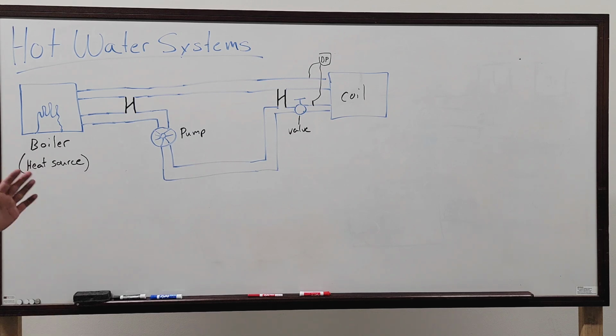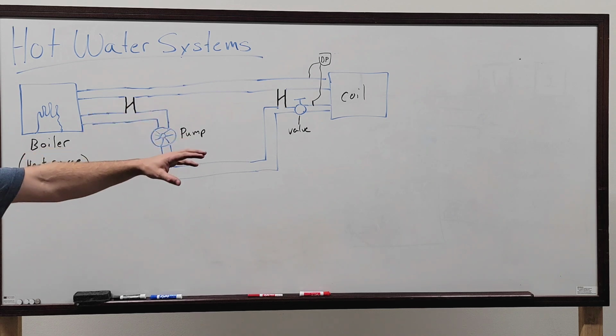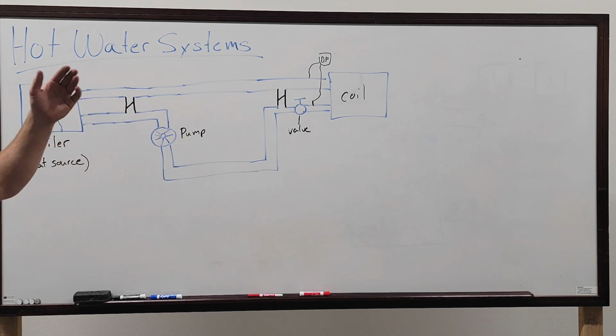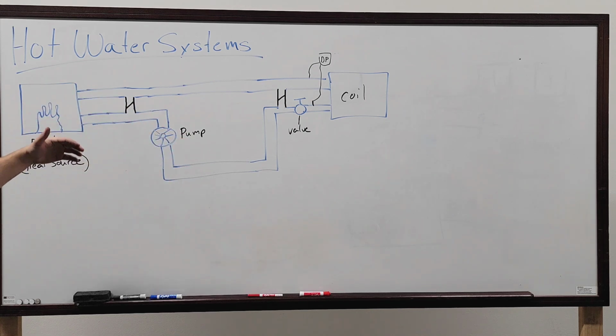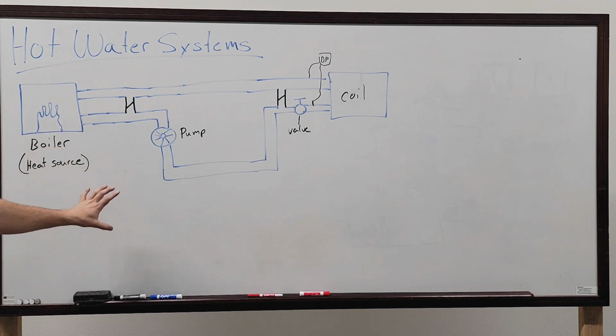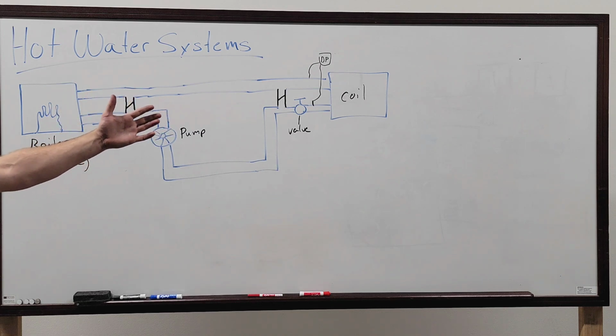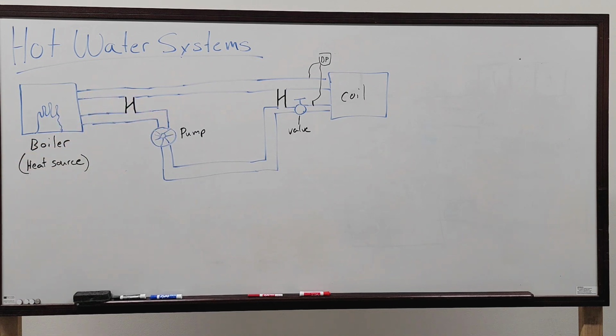As temperature outside varies and you're in your cooling mode, it would open up, send water through your cooling system, whether it be an air-cooled or a liquid-cooled chiller or heat exchanger. It shuts off your boiler, sends it through the coil, the system knows I'm in cooling mode, it cools. In hot water, it would do the same thing, but vice versa: open up the boiler, shut the chiller, modulate to maintain heat at that point.